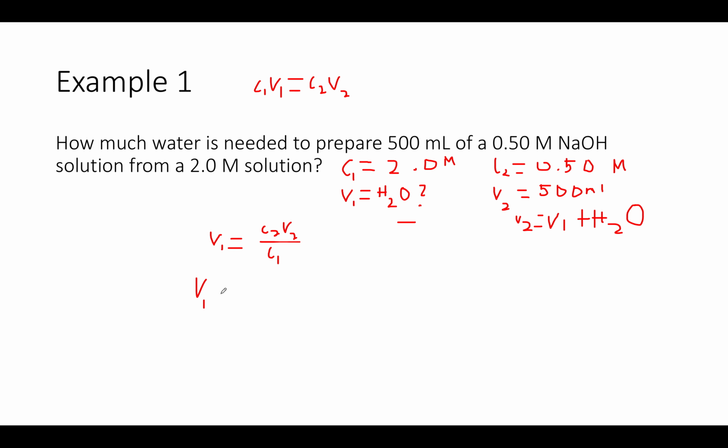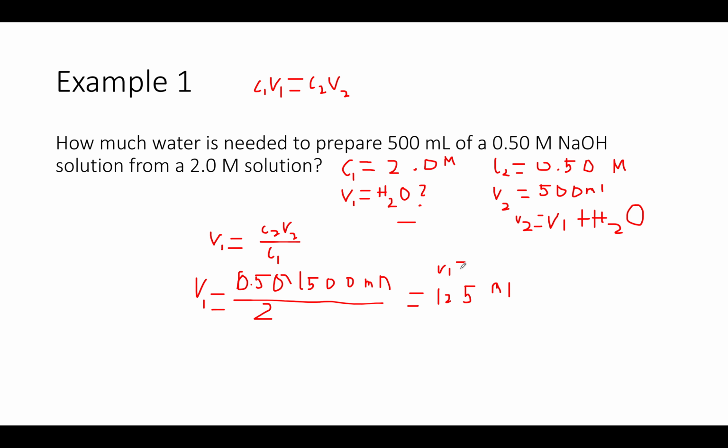So V1 would equal our second concentration, 0.5 molar, times our second volume, 500 mils, over our initial concentration, 2. So we get V1 equals 125 mils.